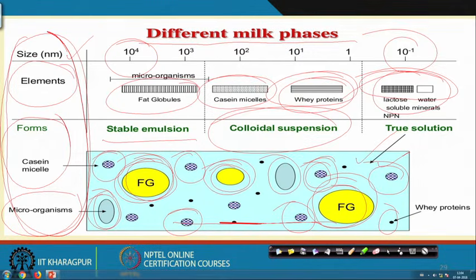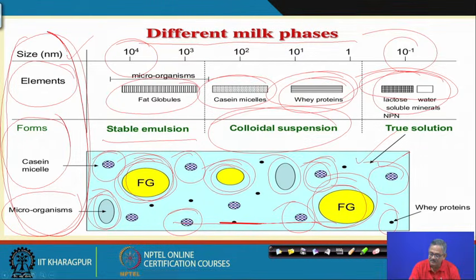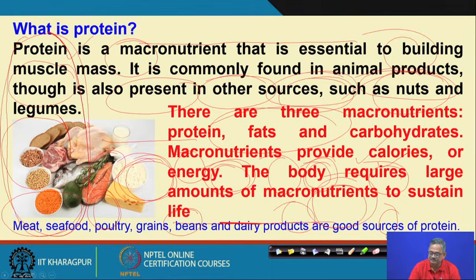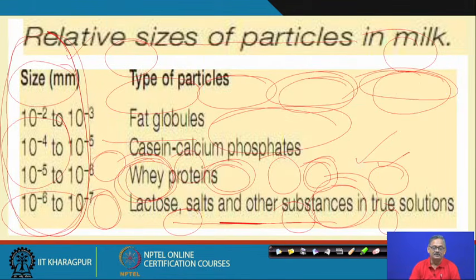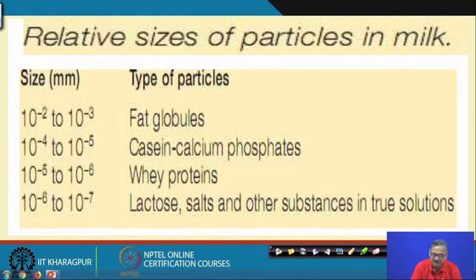So, it is a true solution, it is a colloid and it is an emulsion, right. So, relative size of the particles are like this. From there we have seen, let me clear this, right.